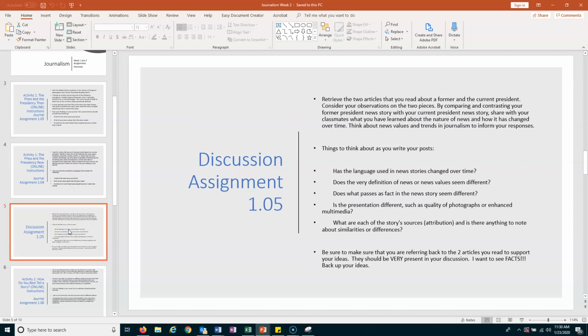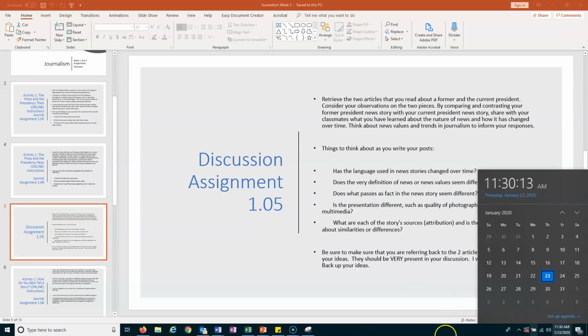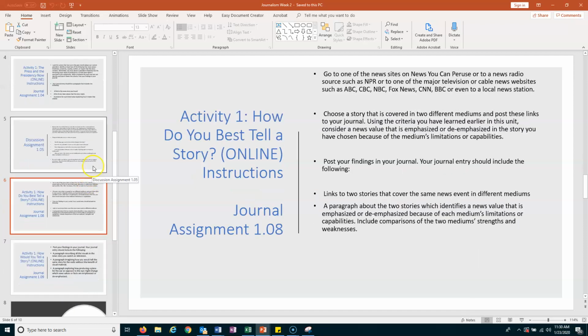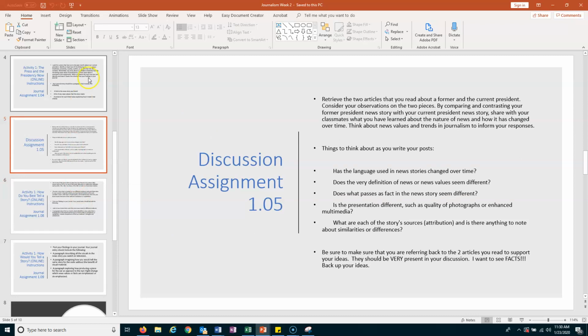1.05 is the first assignment for week two, so that's going to be next week starting on the 27th. On top of that, you had a discussion board assignment. Then you have the 1.05 journal.